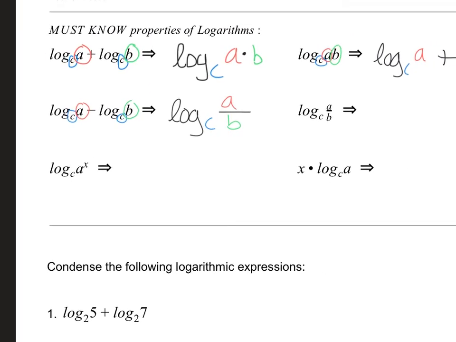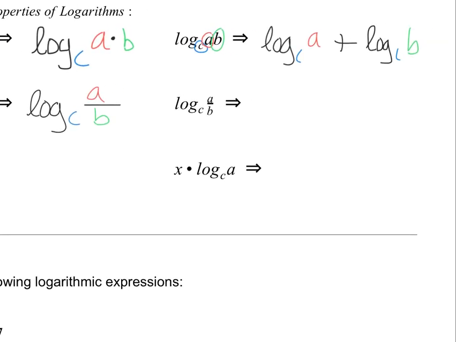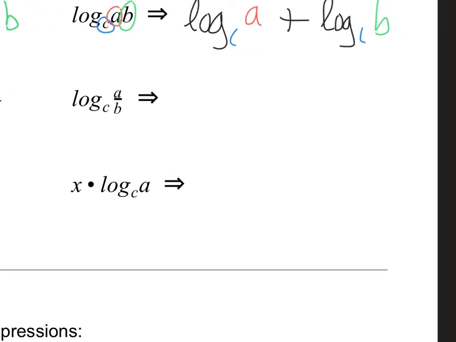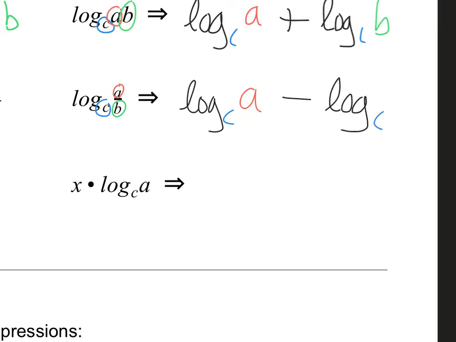Subtraction implies division. Both things get smaller, which makes perfect sense. Going backwards to make sure we understand it, if I have log base c of a divided by b, I can expand it by saying log base c of a minus log base c of b.